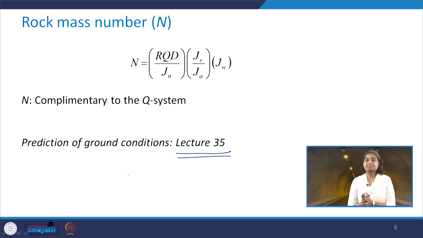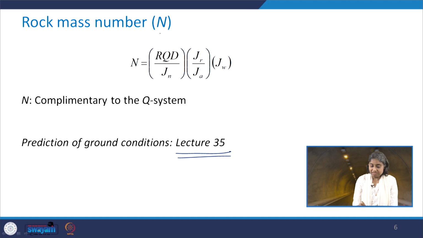Coming to the concept of rock mass number, although we have discussed this earlier as well, if you refer to lecture 35, you will see that we discussed the prediction of ground condition based upon this rock mass number. But to have continuity, let us come back to this concept once again.